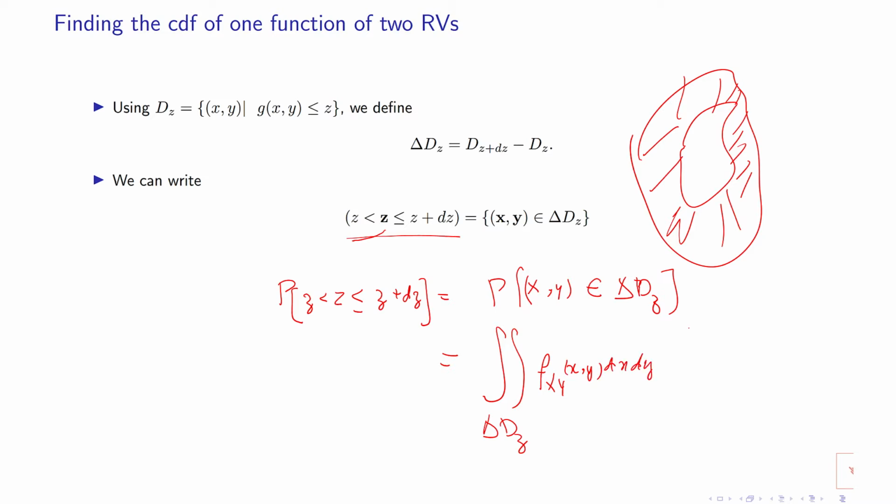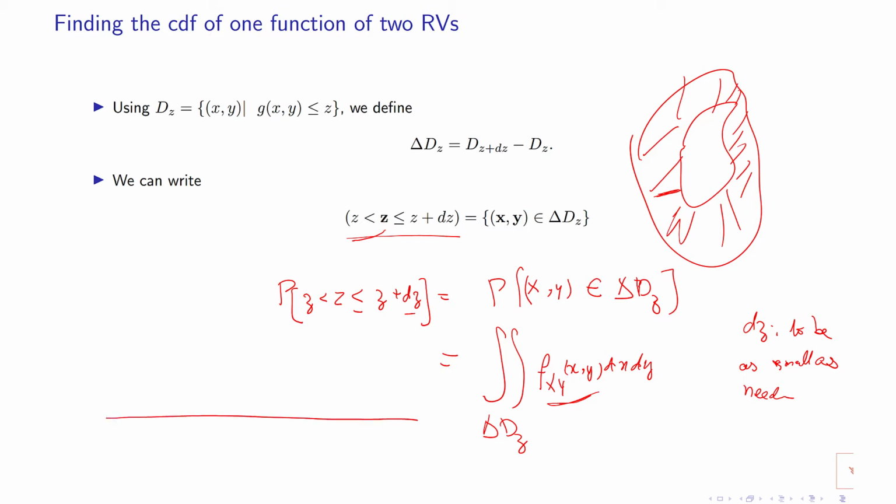Now what I do is consider this dz to be as small as needed. We make it as small as we need in order to make this function over this area almost constant.